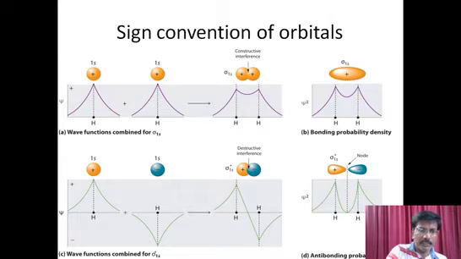Here in the upper side you can see very clearly, that is 1s orbital plus and another 1s orbital plus, that is two waves are upside, they combine, then that gives a bonding type molecular orbital, which is called a bonding molecular orbital. And in the bottom diagram you can see one s orbital is positive, that is its wave is upside, and another s orbital is there, but its wave is downside. That's why it is given a negative sign.